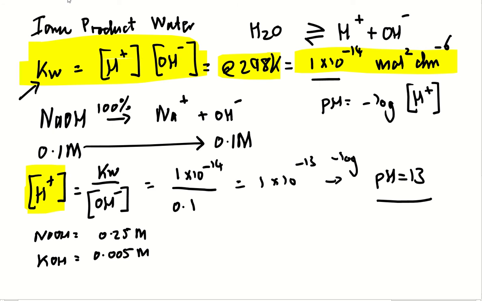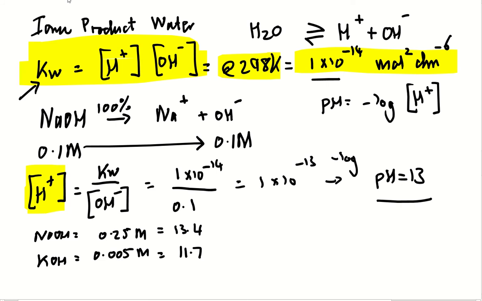So the first one has a pH of 13.4, and the second one has got a pH of 11.7.